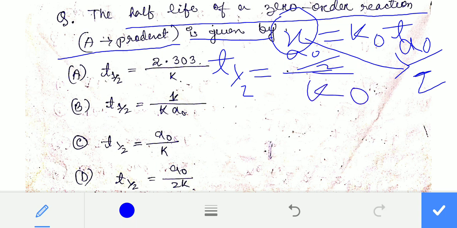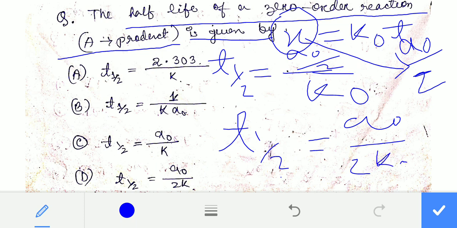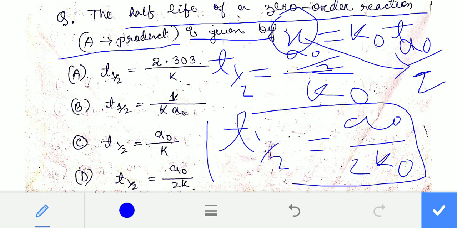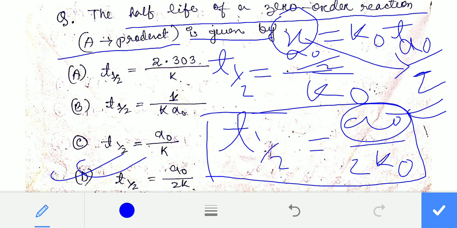If you solve this, you will get t half equals a naught by 2k naught, where a naught is the initial reactant concentration when time is 0. So the half-life of a zero-order reaction is t half equals a naught by 2k naught, right? For this question, option D will be the right option.